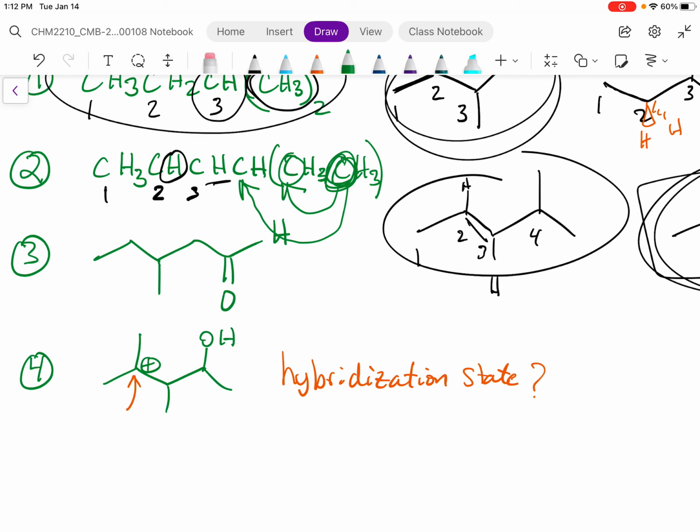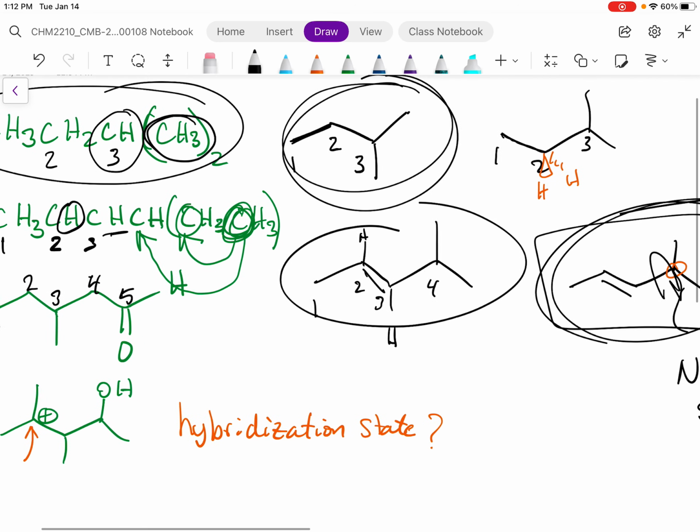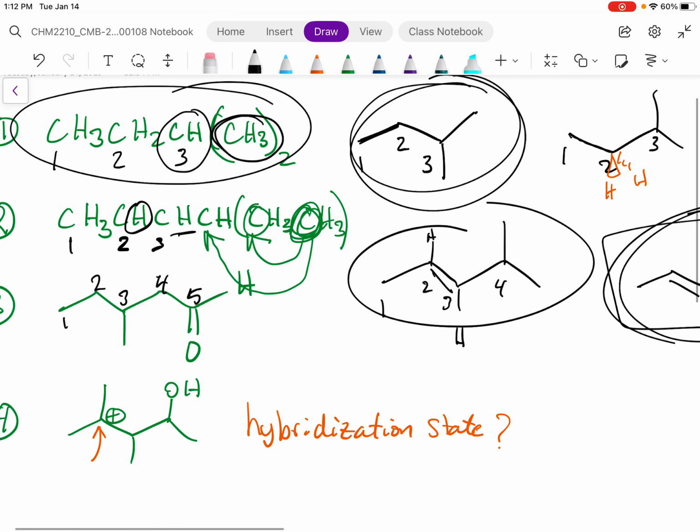Okay, so for question 3 there, I like to number things. 1, 2, 3, 4. We could even go 5. So what I want to do is when I number it, I typically number it with the longest carbon chain.